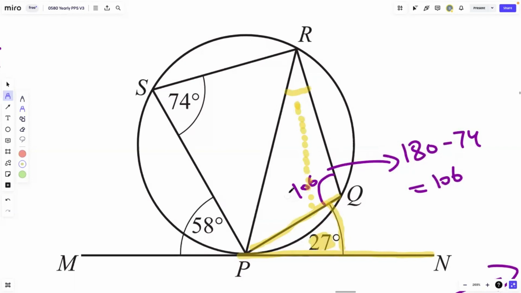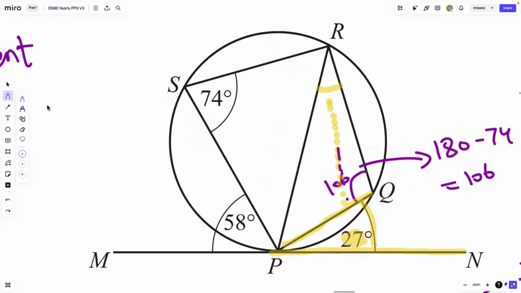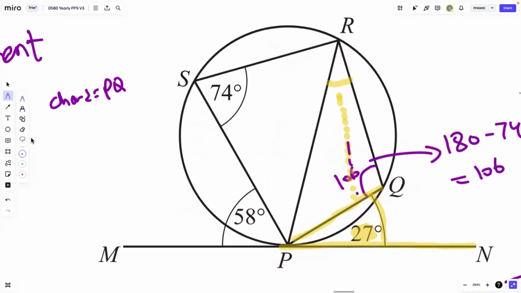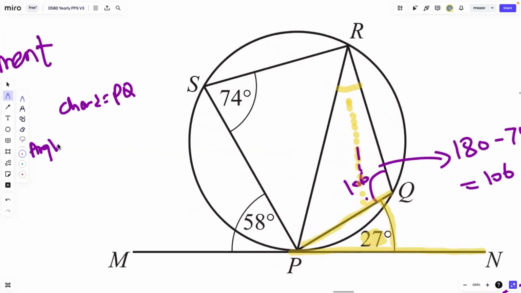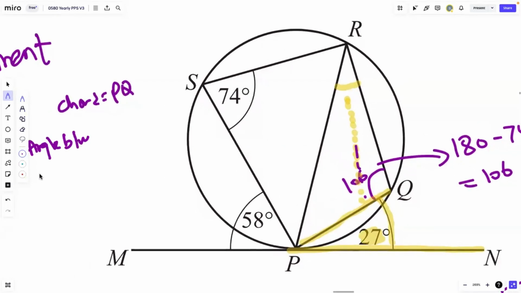So your chord was PQ. The angle between chord and tangent is 27.